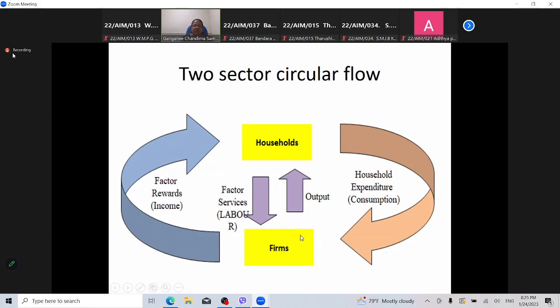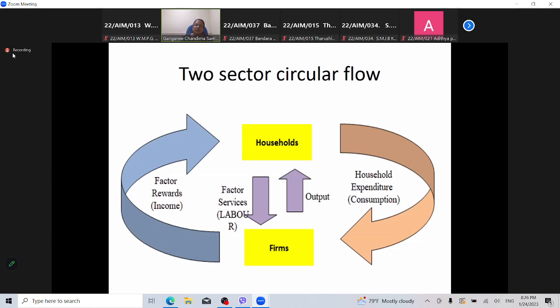Then firms, what do they do? They give output to the households. Then the households also work as labor. They contribute factor services as labor to firms, because in firms you can see laborers are there. They are working in order to produce some output for the households.